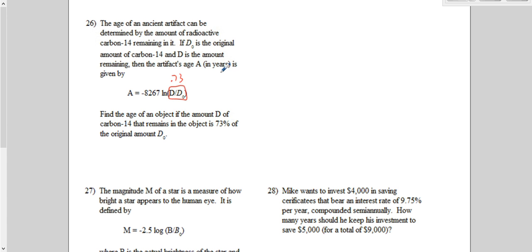And when you talk about D0 is the original amount, when you divide the partial amount that represents the 73% by the original amount, it will come out to be 0.73. So we don't need to worry about how much the actual original amount is. All we need to do is plug in 0.73 in place of that ratio. So we'll get negative 8,267 times the natural log of 0.73.